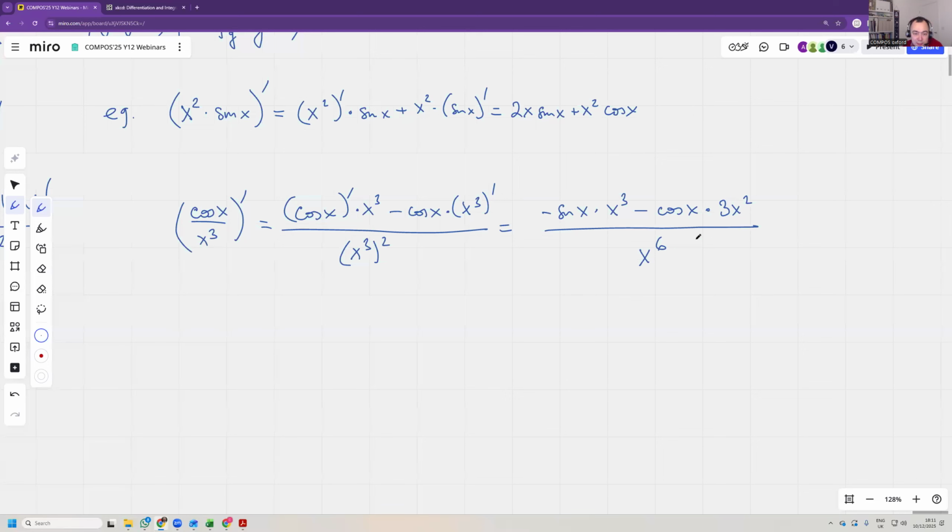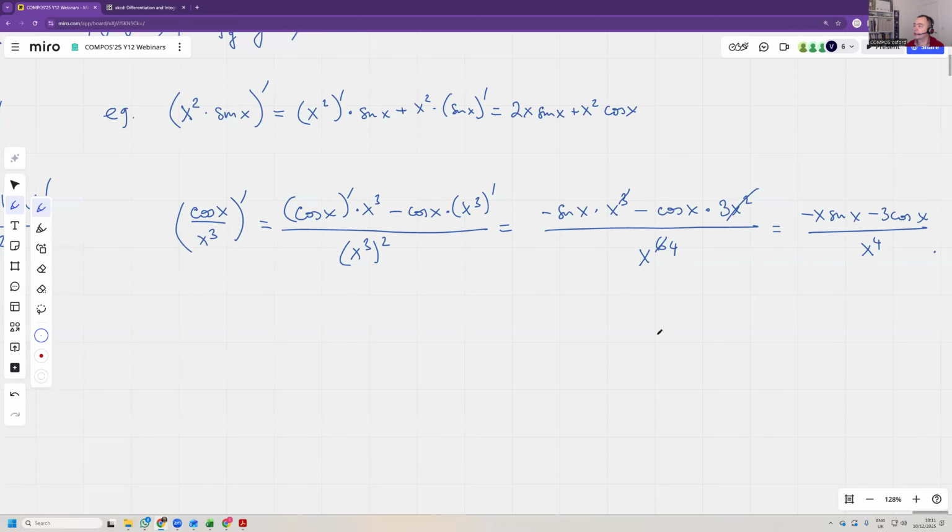And of course you can simplify, so you can simplify like this: it's minus x sine x minus 3 cos x, divided by x to the power 4.